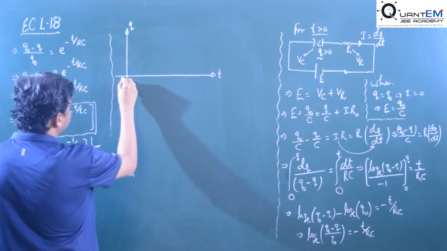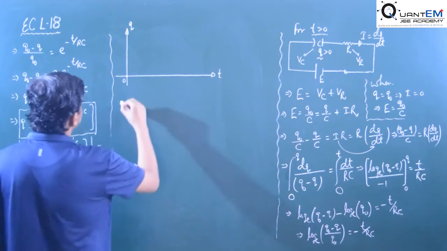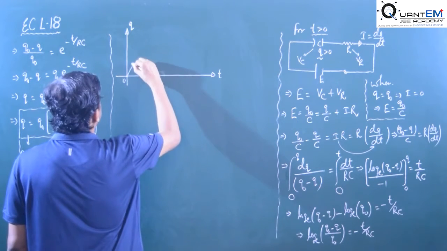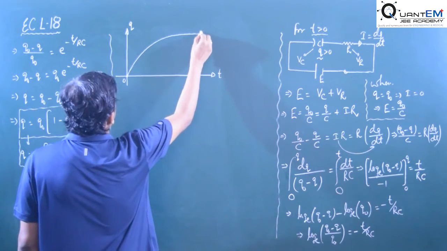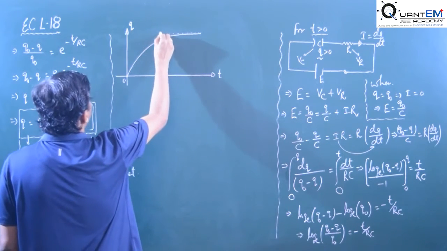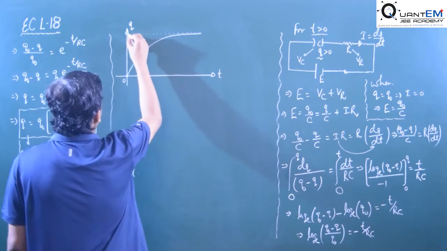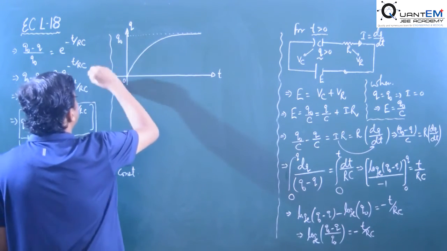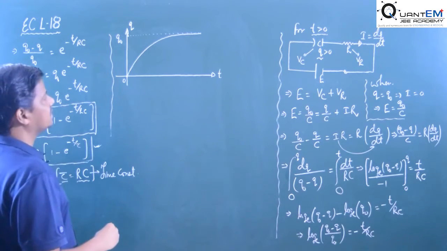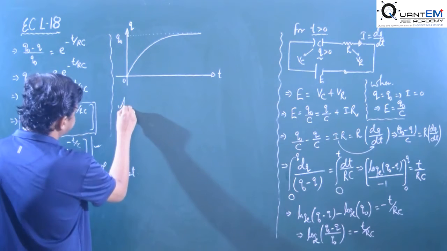At time t 0, charge is 0, and the charge goes on increasing now, and after some time charge across the capacitor becomes constant. That charge is called the maximum charge. As the charge reaches the maximum charge, current within the circuit will become what? 0.